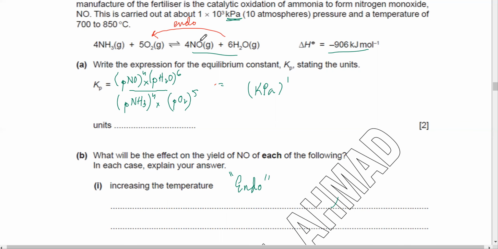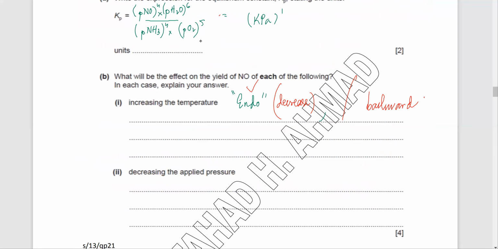So what would happen to the yield of NO? It's going to drop. It's going to decrease. Why? Because the backward reaction is happening. Because backward is endo, and whenever you increase temperature, the endothermic reaction is the one that's favored.